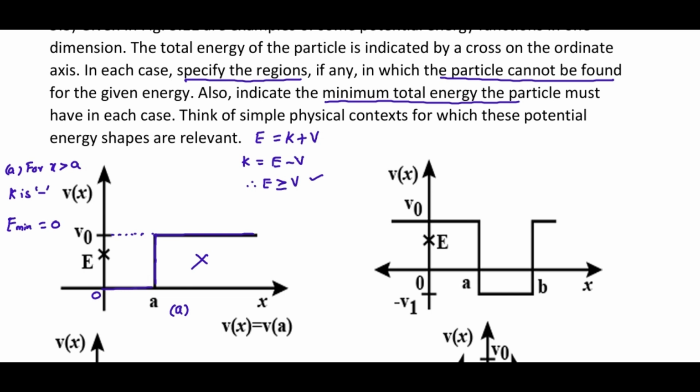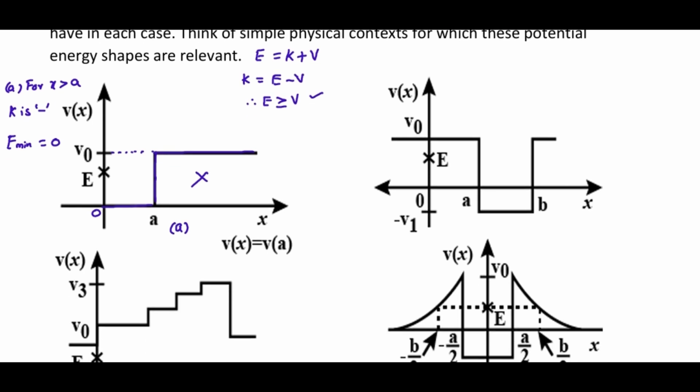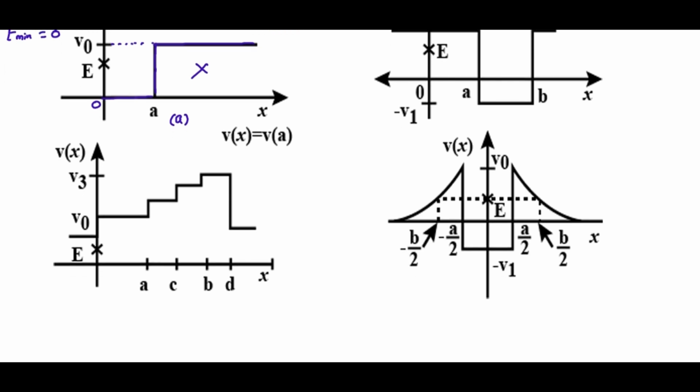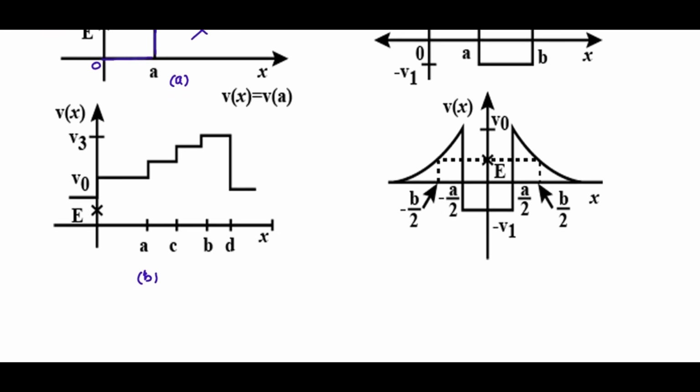Coming to one more part, B. For this one, everywhere the V0 value, the potential energy value, is more than E. So kinetic energy is negative.